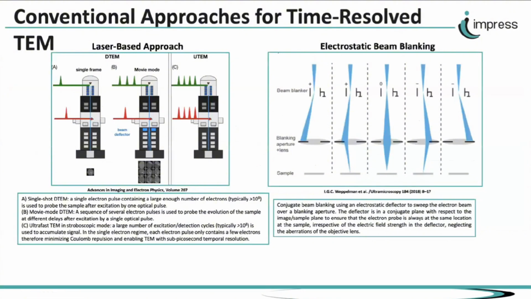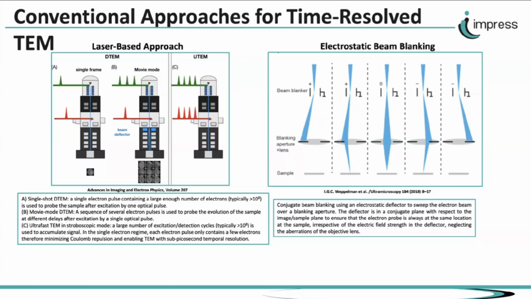There are commonly two approaches in the TEM community. One is laser based and the second one is laser free to provide short electron pulses. In the laser based approach, you pump your electron gun with a laser beam to create a short electron pulse.